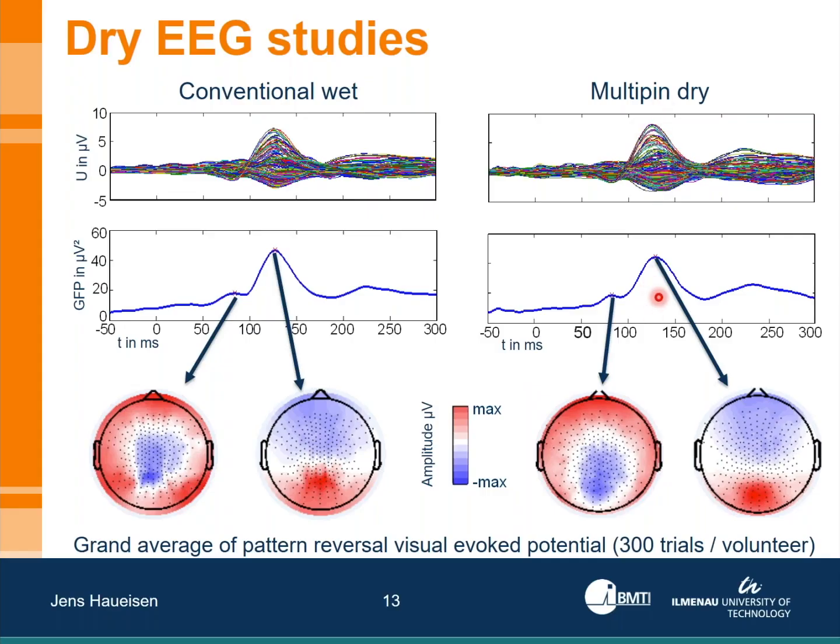You see the global field power underneath, and for two of the main peaks the distribution, and you can see that those distributions are very much alike. Please keep in mind that those recordings were done sequentially. There was first one cap and then another cap, with some time in between, so you don't expect it to be exactly identical.